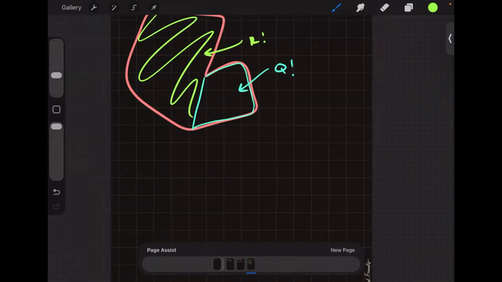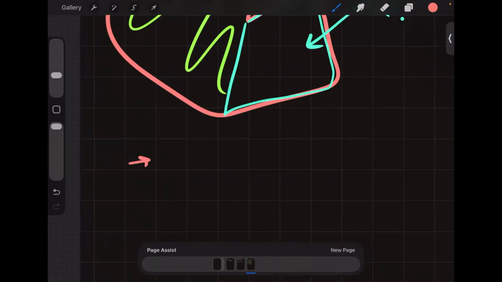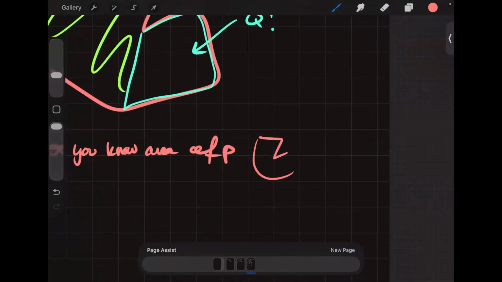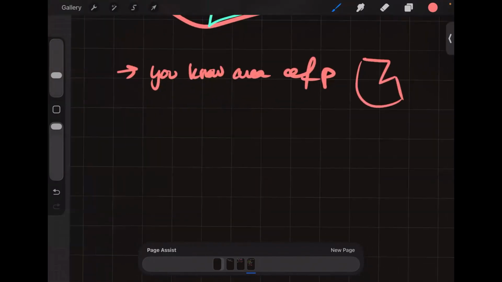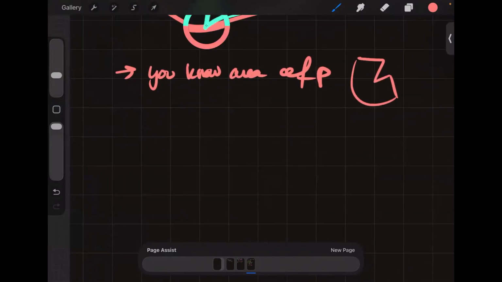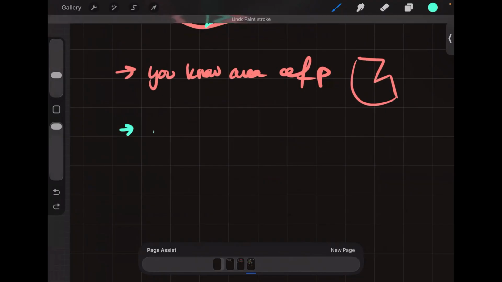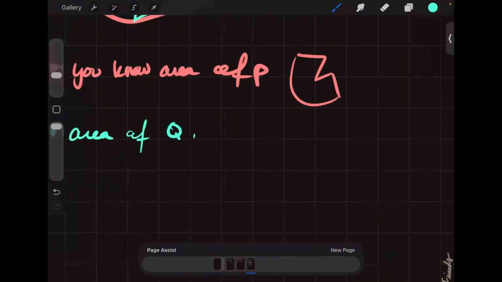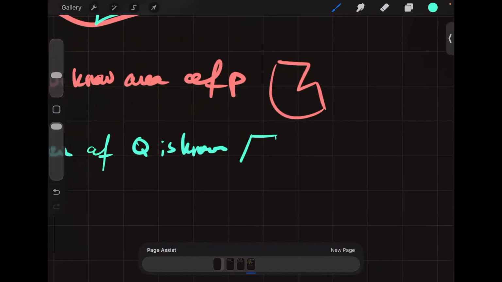right? If I tell you the area of P, you know the area of P, the shape, right? You know the area, the area of Q is also known, and it's like that piece, right?